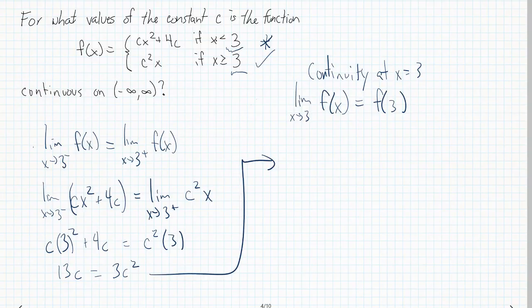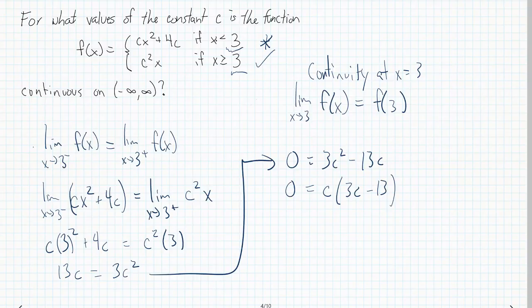Okay, so in order for a limit to exist, here's what we'll do. We'll get everything over to one side. 0 equals 3c squared minus 13c. And so we can factor out a c. So you get 0 equals c times 3c minus 13.